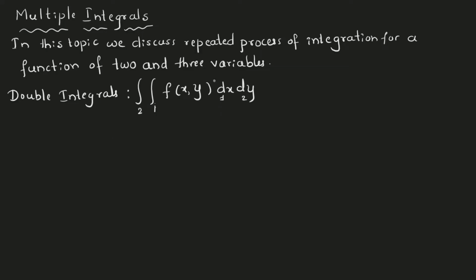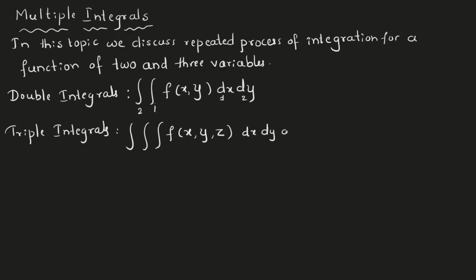We have to integrate from inside. We have to first simplify this inner integral, then later integrate the outer one. Similarly, for triple integrals, triple integration of f of x, y, z, then dx, dy, dz.